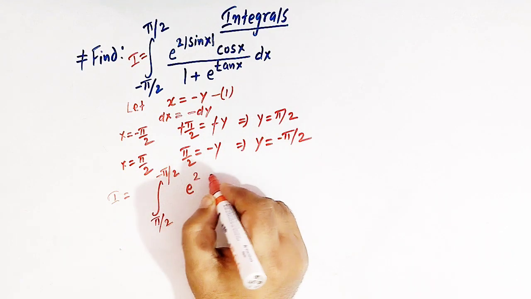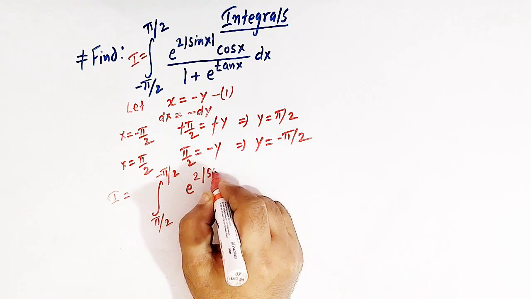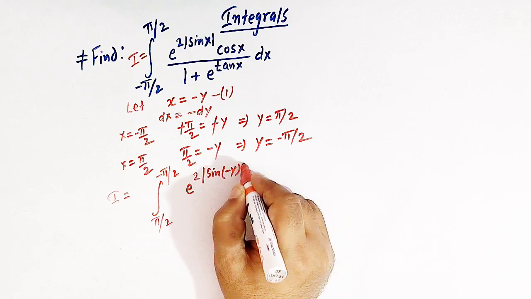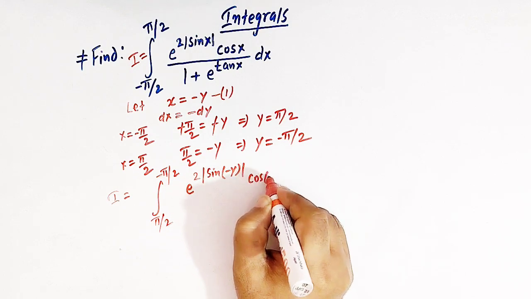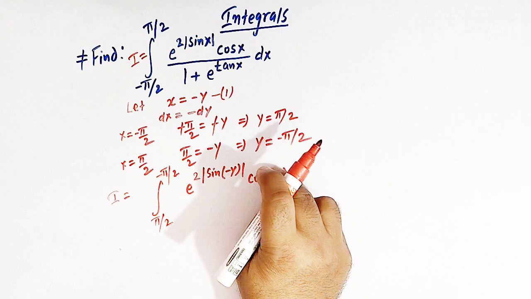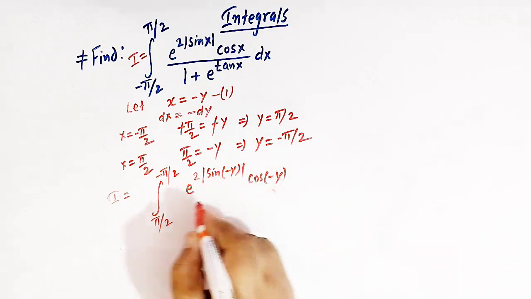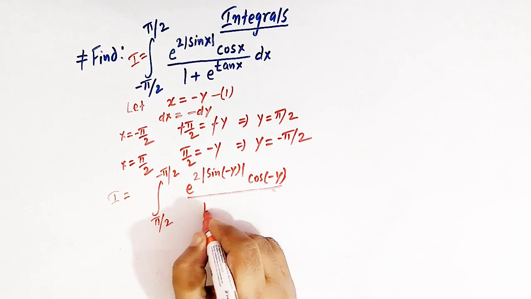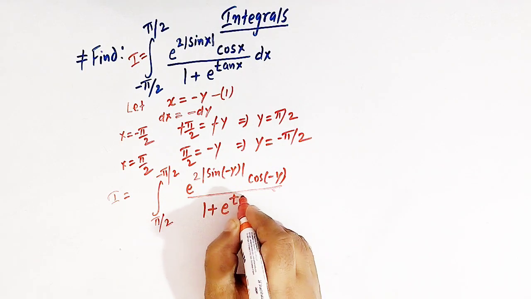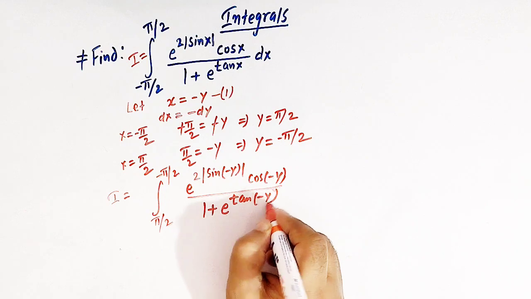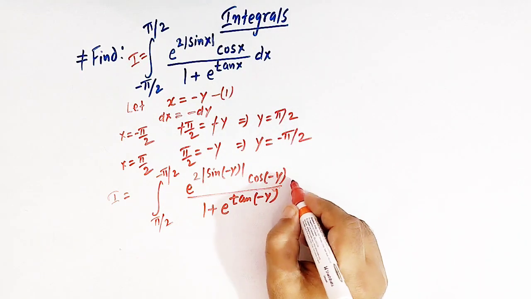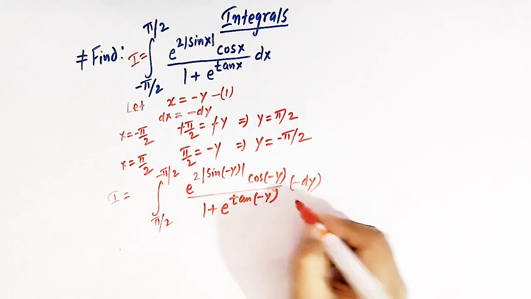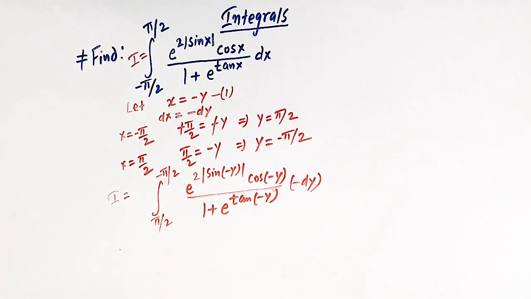So we have e raised to 2 times mod of sine of minus y, then cos of minus y, and in the denominator 1 plus e raised to tan of minus y, and for dx we write minus dy.